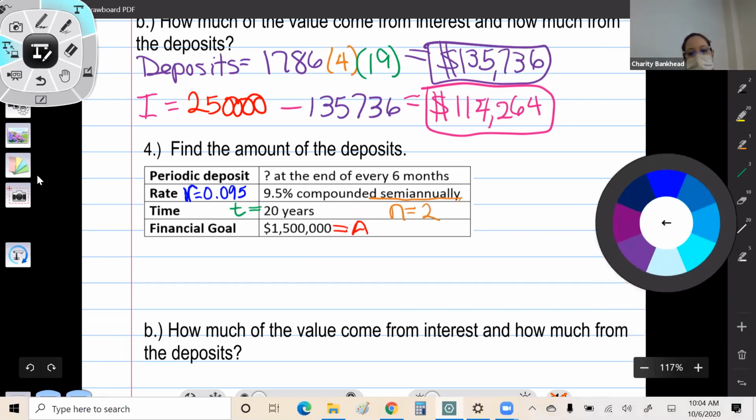So we need to figure out the payment that we make to achieve that.